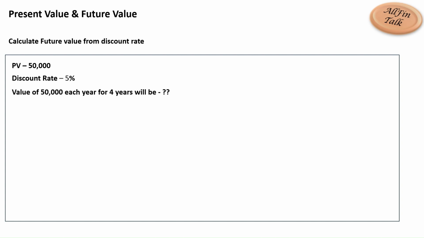We try and remember the formula that we used in compound interest calculation, where we calculated the future value. So the value would be calculated as present value divided by 1 plus rate to the power year, which is n. Now, rate here is the discount rate which is provided to us.